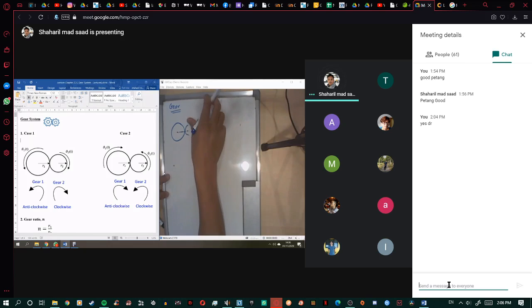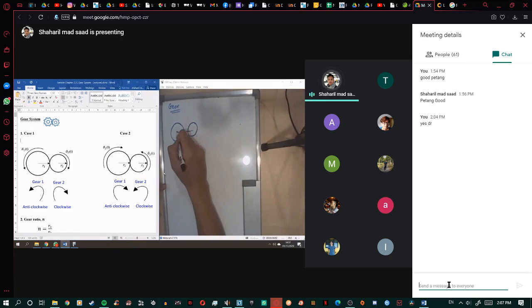Let's say I draw it far away. This one has the radius R1 and this one has the radius R2.